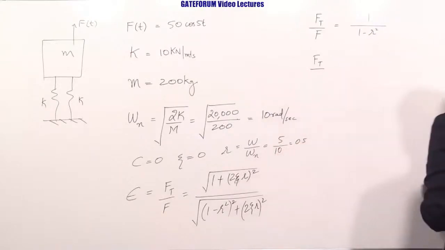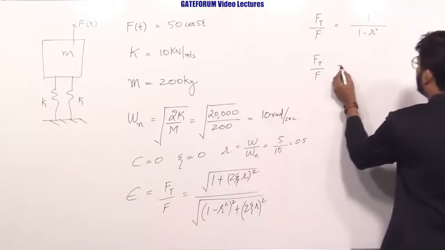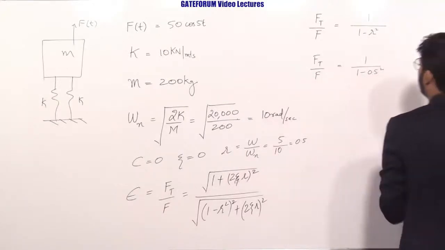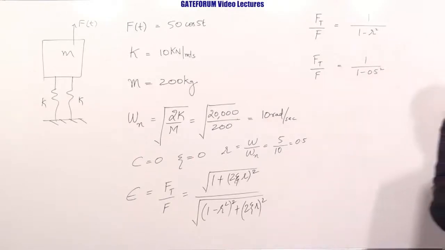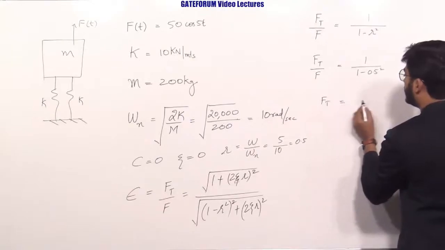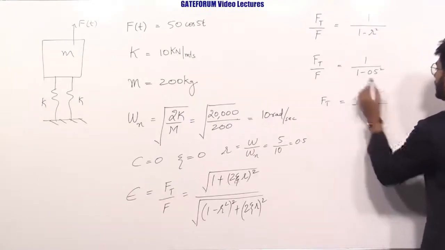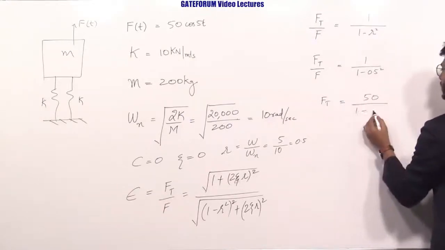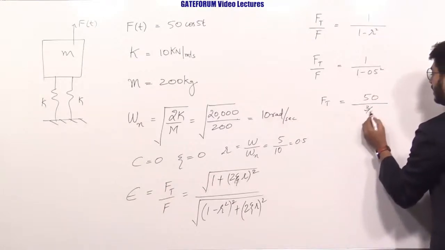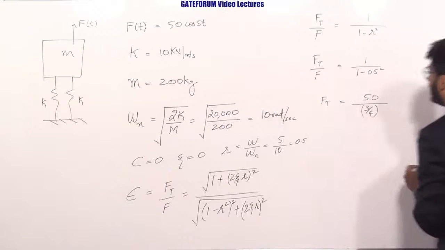So f of t by f equals 1 by 1 minus 0.5 squared. Here f is 50. 1 minus 1 by 4 is 3 by 4.